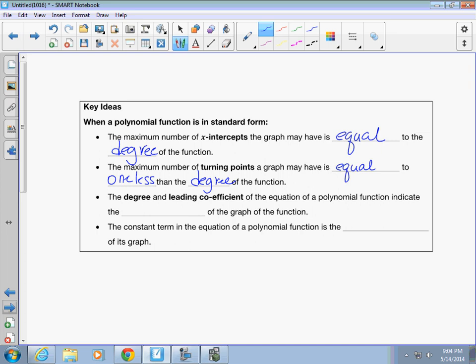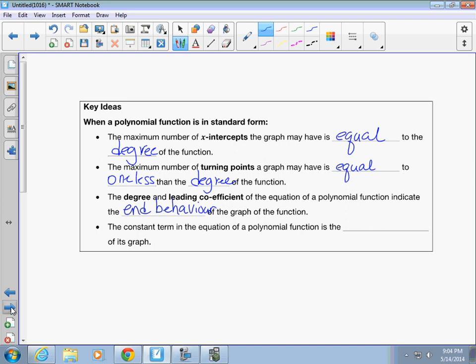The degree and the leading coefficients of the polynomial function indicate the end behavior of the graph of the function. So if I had a degree of 2 and my leading coefficient was positive, then my graph is going to be going up.